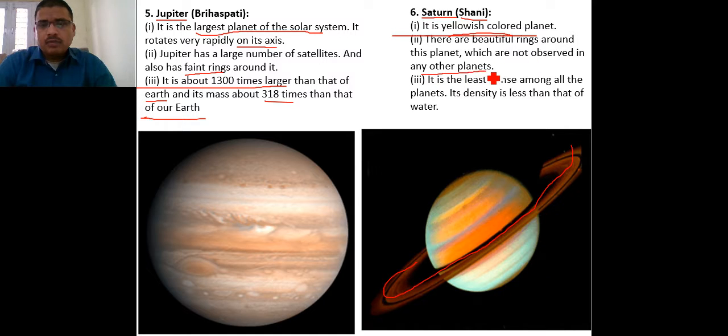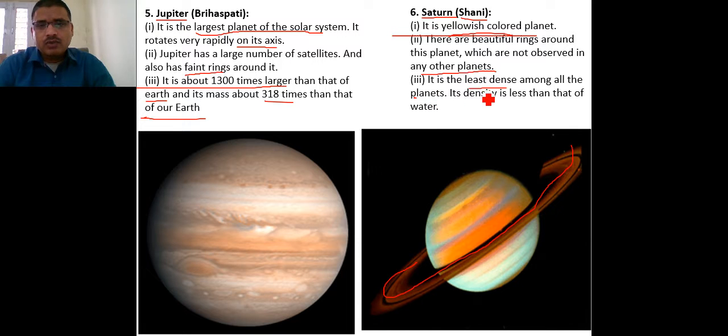This is the characteristic of Saturn, and it is the least dense among all these planets. Out of the eight planets, it is the least dense, and its density is less than that of water.